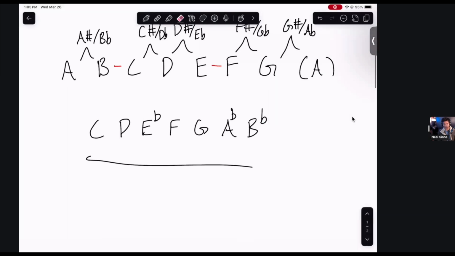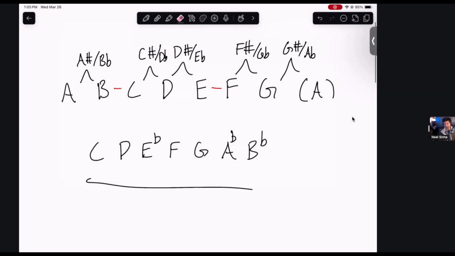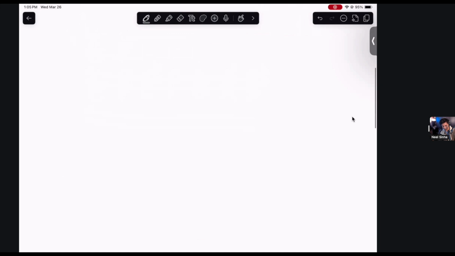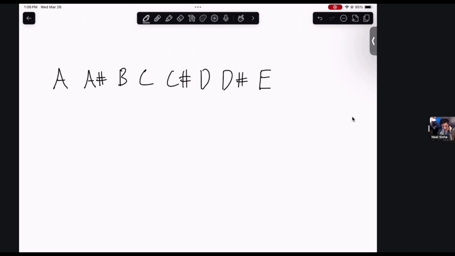I'm now going to write the musical alphabet in a different way. Acknowledge that all sharps can be flats, all flats can be sharps, but I'm just going to write sharps so it's not as cluttered as it is up there. We have A sharp, B, C, C sharp, D, D sharp, E, F, right?